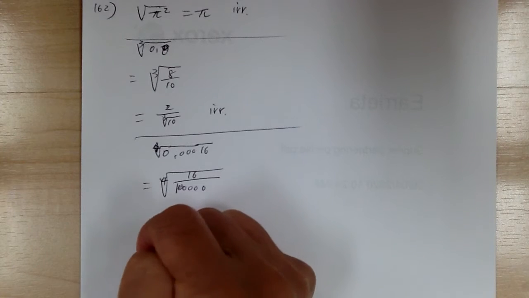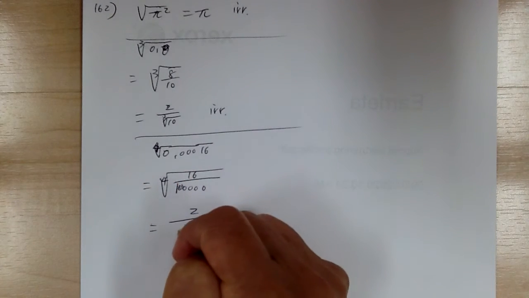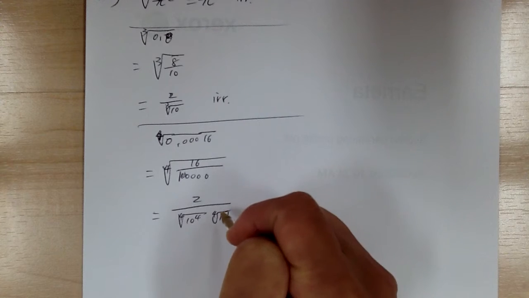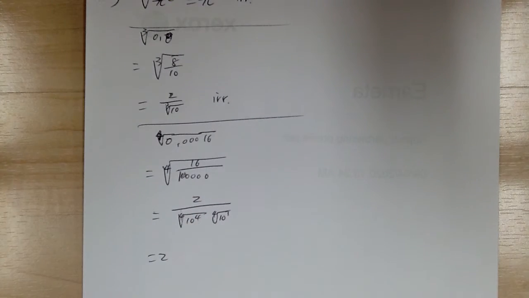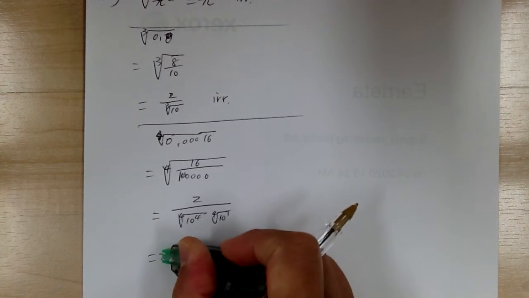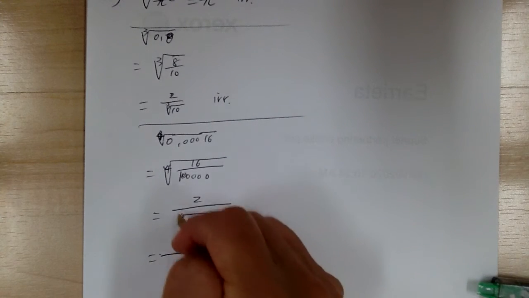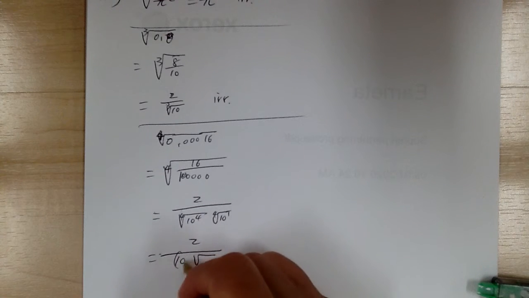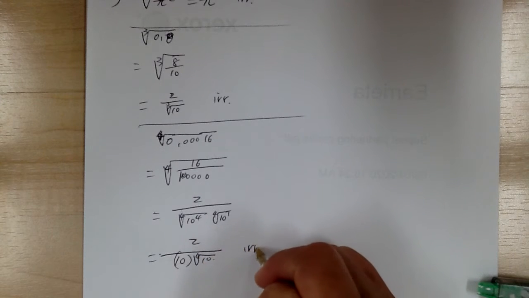Now this one, the top is easy, but the bottom, you're going to have 10 to the 4 and 10 to the 1. So this part is okay. This part is going to give you 2, this part is going to give you 10, but the problem is this part right over here, that you're going to get the fourth root of 10. Again, this is going to give you irrational.